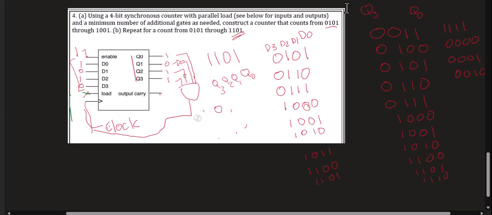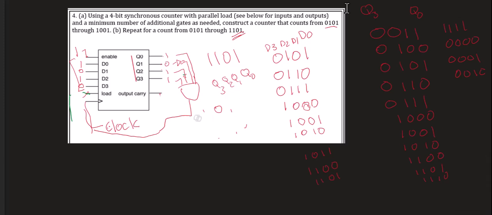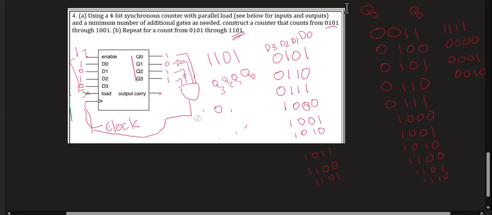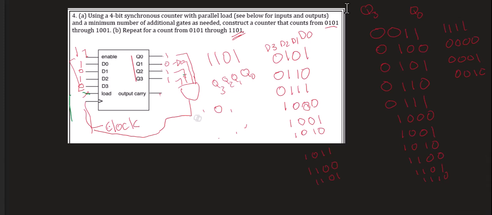Okay, any questions on that one? So in the logic diagram for this circuit, how would enable be accounted for? Are you talking about for a circuit or?